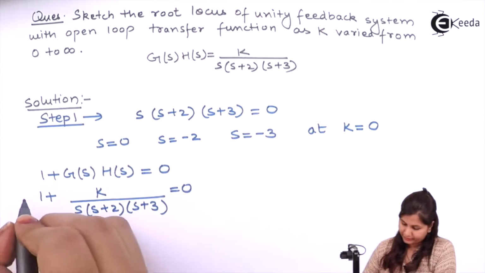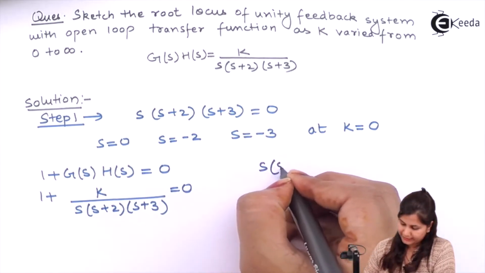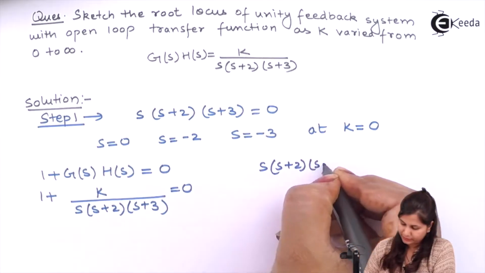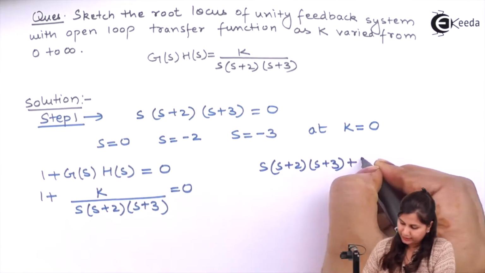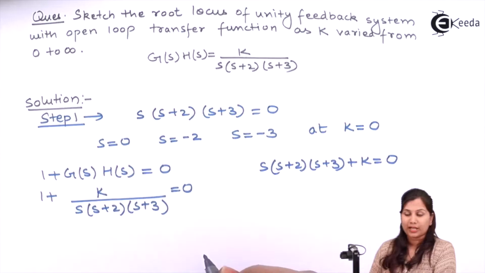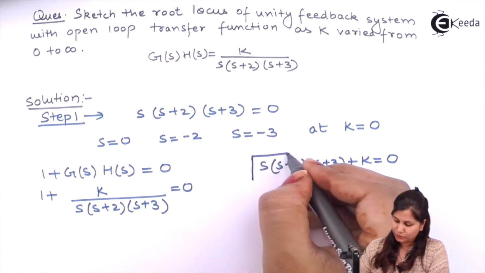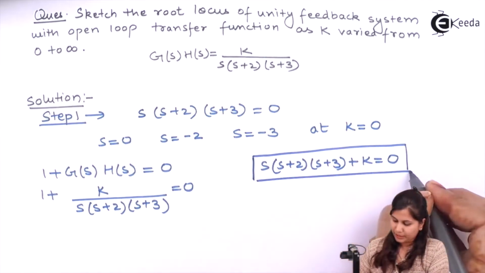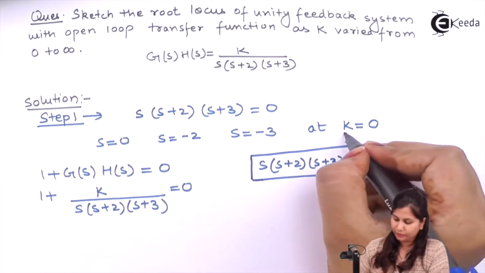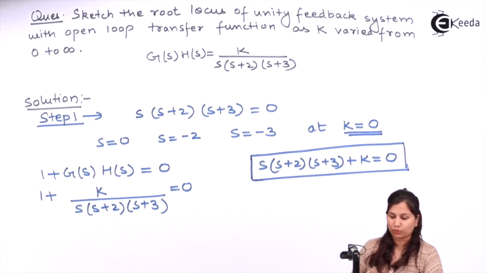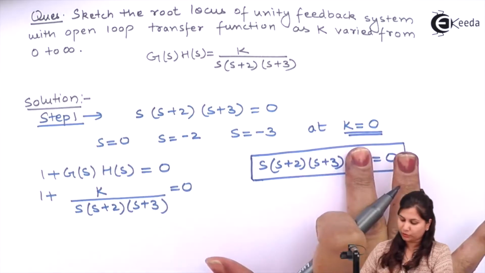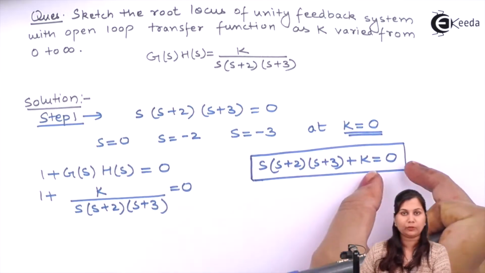Then we get the equation s(s plus 2)(s plus 3) plus K equals 0. This is the characteristic equation of this system. Now here we are taking the value K equals 0, so if K is equal to 0, the remaining term will be equal to 0.